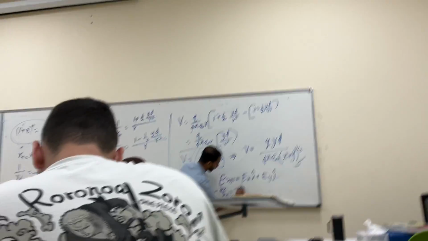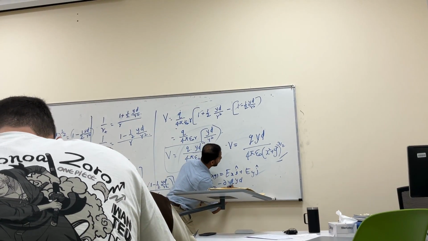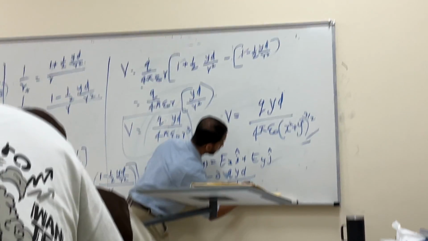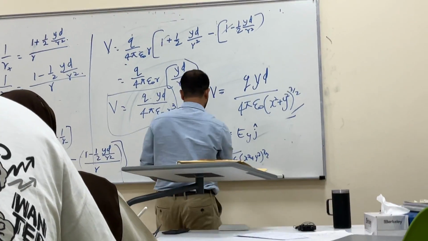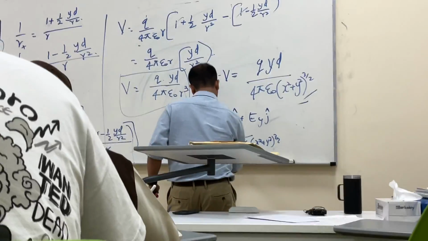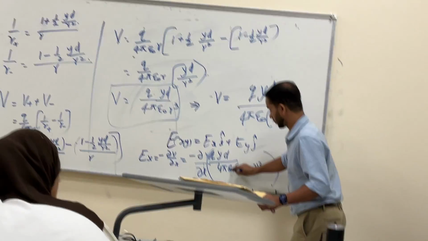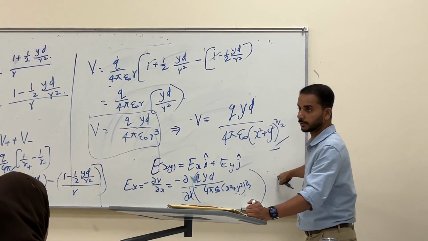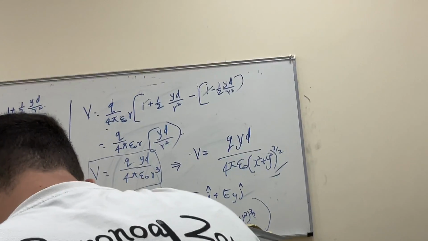So this will be minus del into Q Y D over 4 pi epsilon 0 x squared plus y squared to the power 3 by 2, and you take the derivative with respect to x, you will get this one. I did all the other steps, so you can do this. And what about the y component of the electric field?